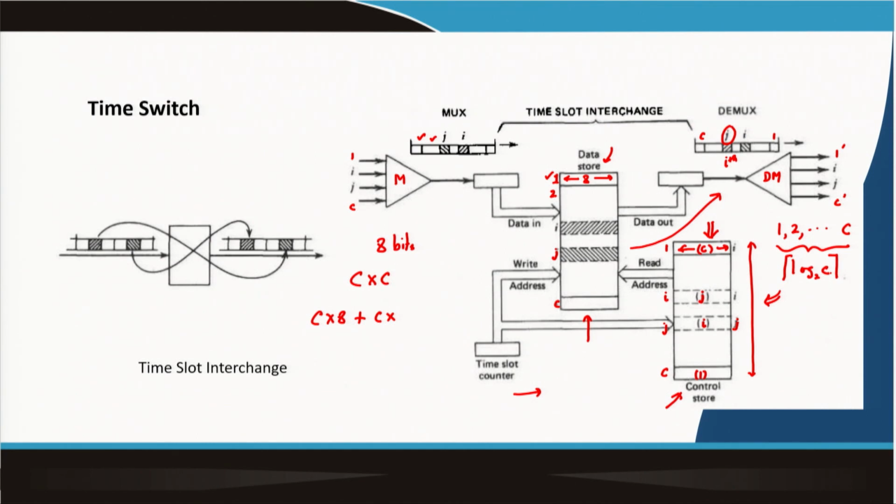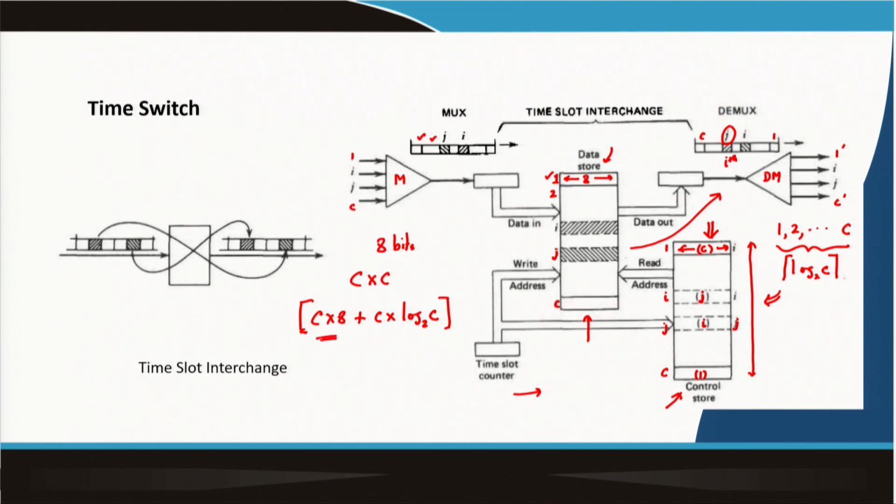Let me generally take C so that it is an integer, so I can put it as log 2 C. So, this many bits are required for the overall control realization, or overall time slot interchange realization.